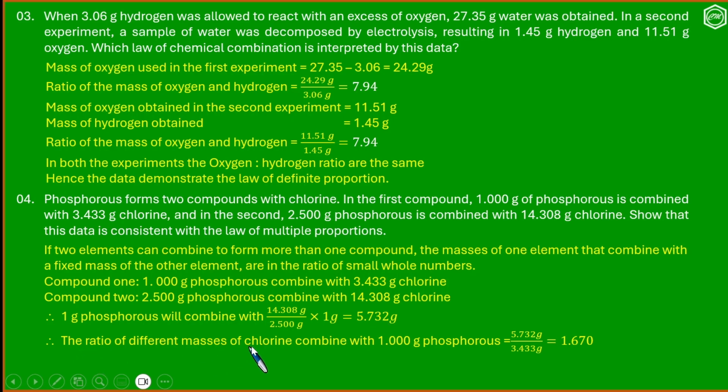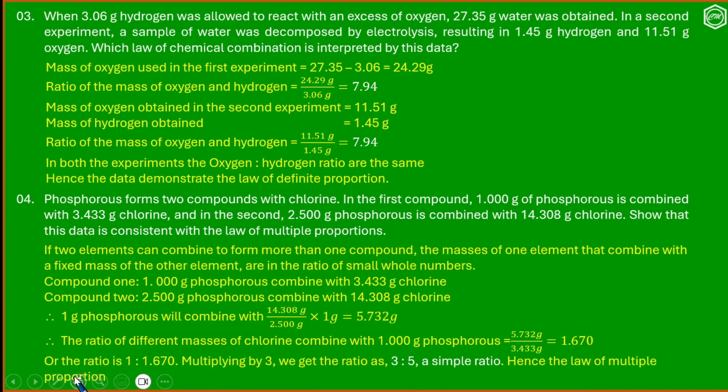So the ratio of different mass of chlorine combined with 1 gram of phosphorus could be taken as 5.732 by 3.433, that is 1.670 by 1, or the ratio is 1:1.670. Now we make it a whole number, multiply by 3, we get 3:5, and 3:5 is a simple ratio. Hence the law of multiple proportion.